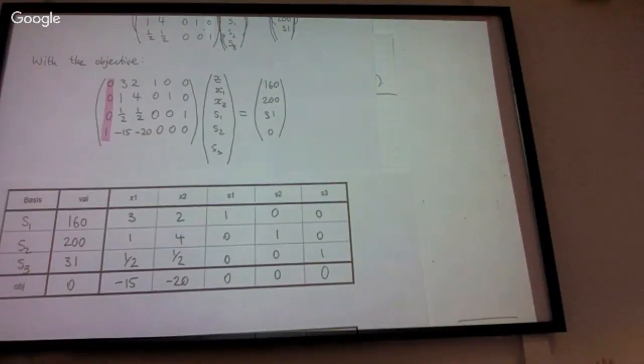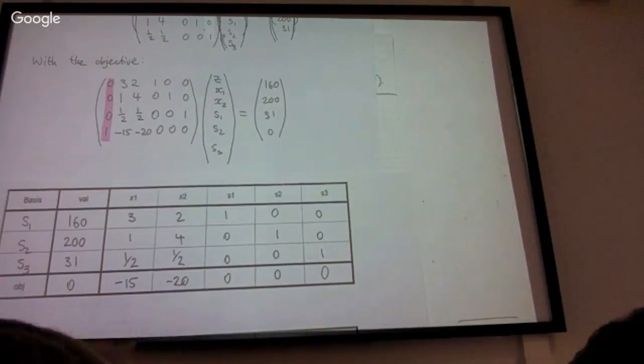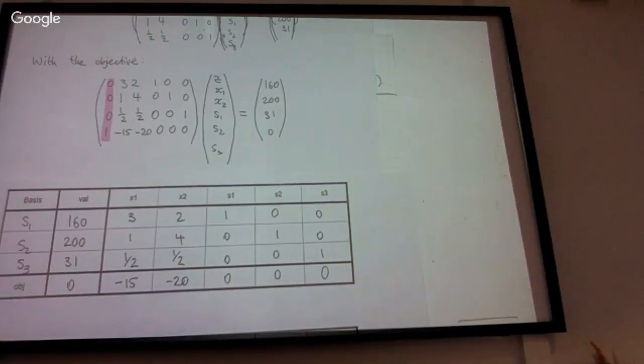And each of these things is really the same thing. It's just written in a different way. So from now on, we will stick to this table notation. But somewhere at the back of your mind, you should always think of this as really corresponding to a system of simultaneous linear equations. Okay?